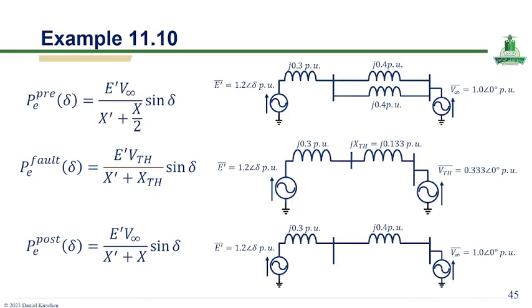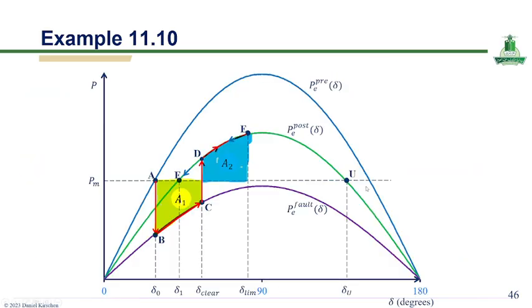After the fault is clear and one line is disconnected, the system operates with a higher reactance than the pre-fault case, causing a reduction in the maximum transferable power. These equations are essential for transient stability analysis and evaluating the rotor angle behavior during disturbances.